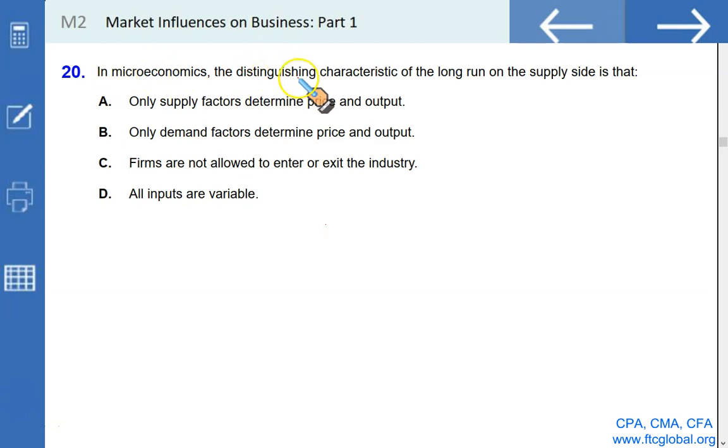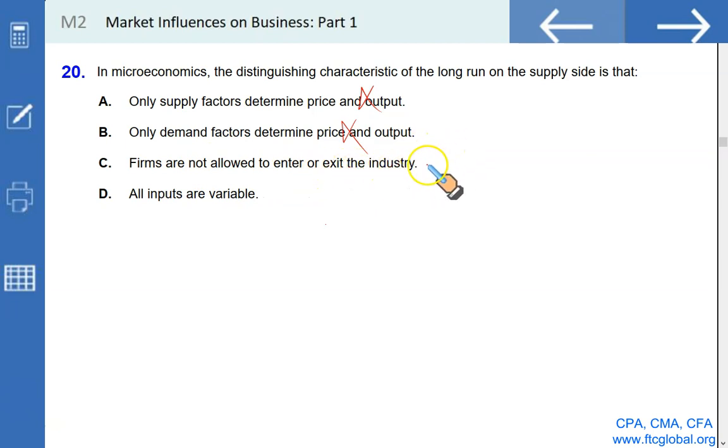In microeconomics, the distinguishing characteristic of the long run on the supply side is that only supply factors determine the price and output. This is incorrect because in the long run, all supply side inputs are variable. Only demand factors determine the price output. Wrong. Firms are not allowed to enter or exit the industry.